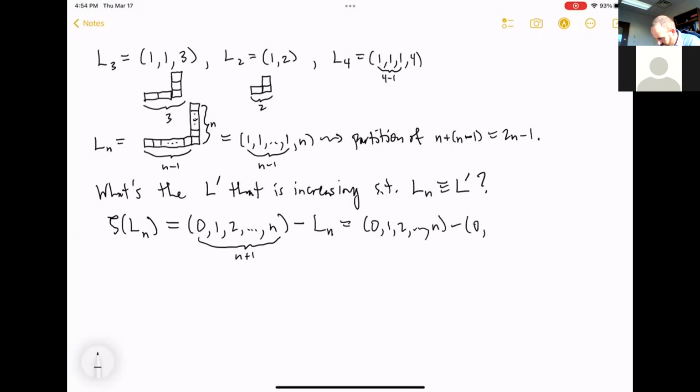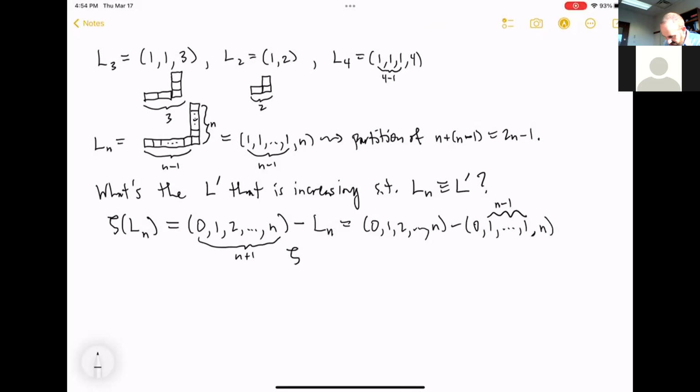So it's going to be 0, 1, ... 1. Okay, the ... is probably unclear, but I have n minus 1 ones. And then in the last position, I have an n, right? So there's a total of n plus 1 things here. Okay, if I do this, what do I get?